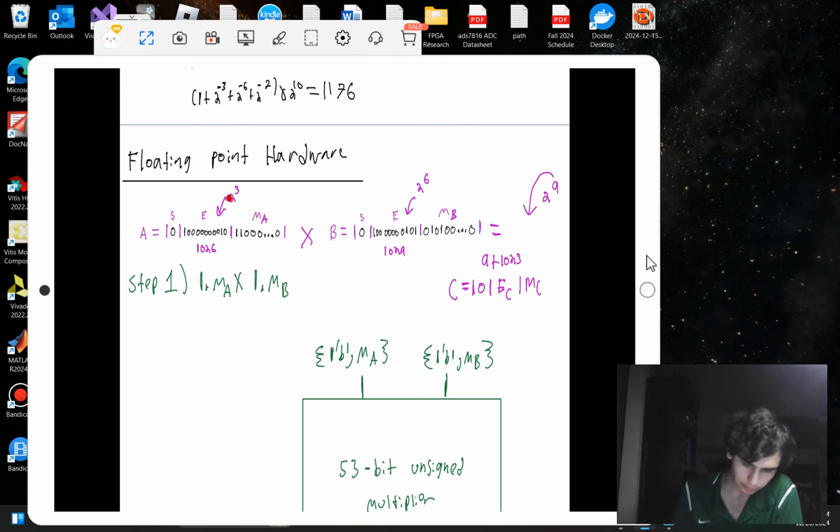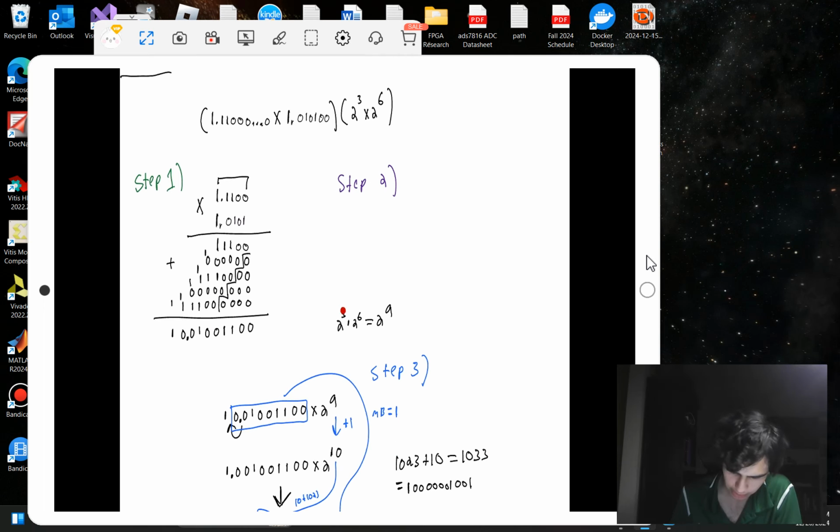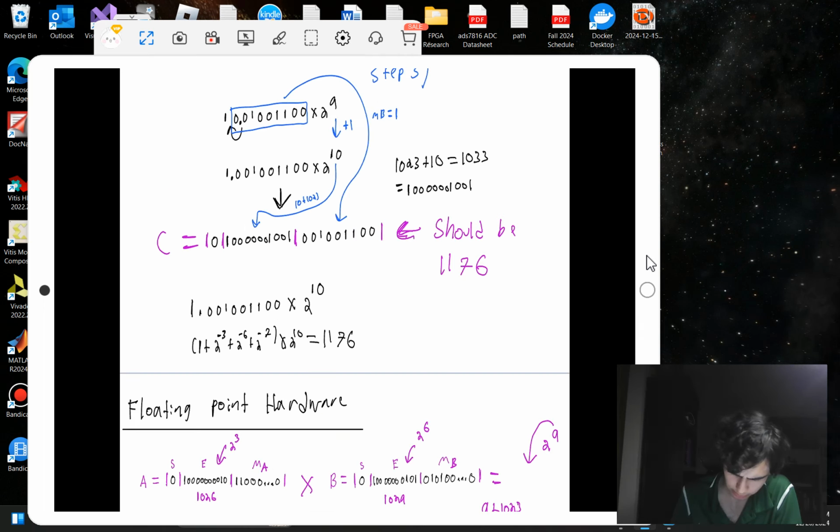So for step 2, it's going to be adding. Step 2 is to essentially do what we did where we added 3 plus 6 to get 9. Right here, we added 3, added 6, got 9.